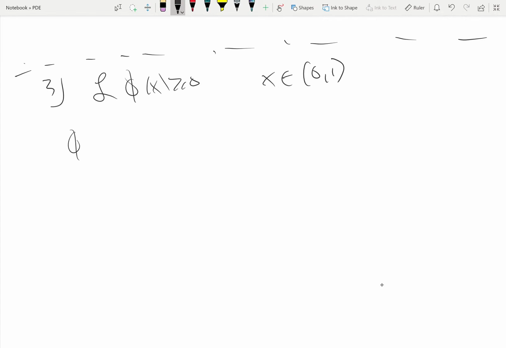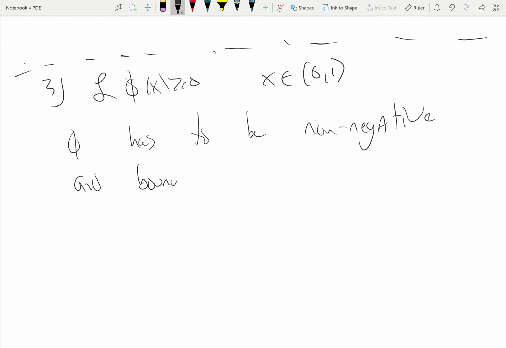And phi has to be non-negative and bounded. Forgive my handwriting, I'm speed writing. So let's start with a basic polynomial for phi.